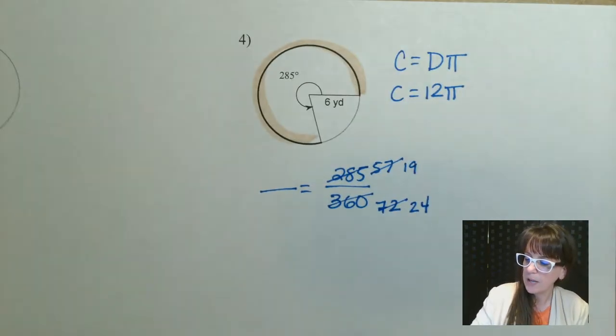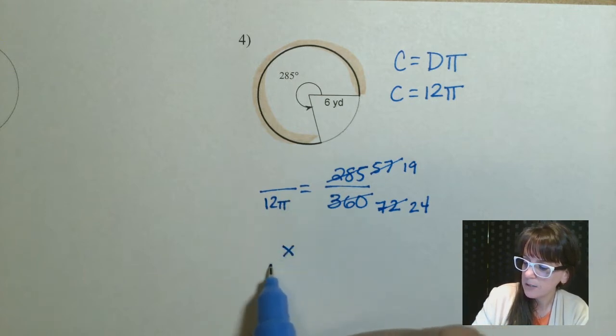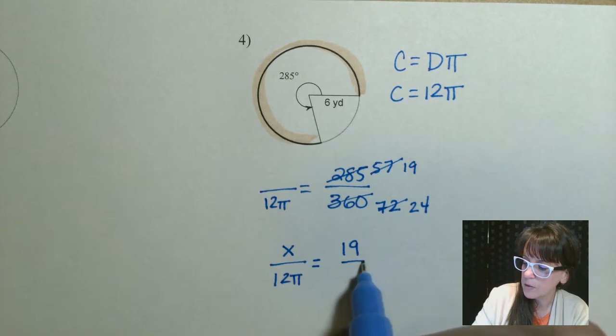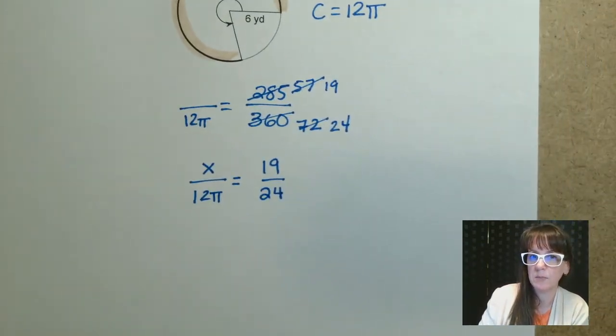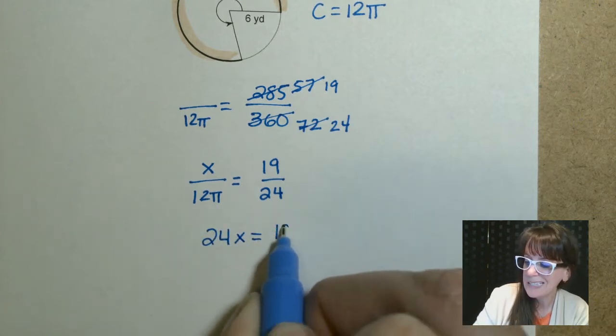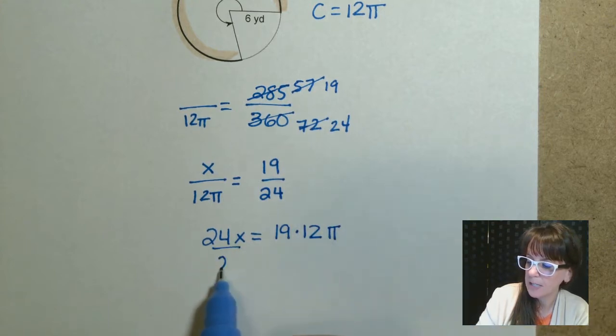All right, and our whole circumference, remember, was 12 pi. So to rewrite this, we have x over 12 pi equals 19 over 24. Okay, so now what we're going to do is cross multiply. We get 24x equals 19 times 12 pi. Divide both sides by 24.